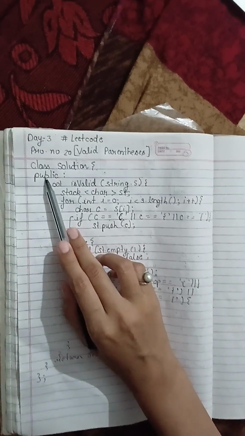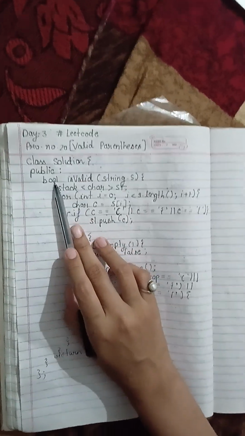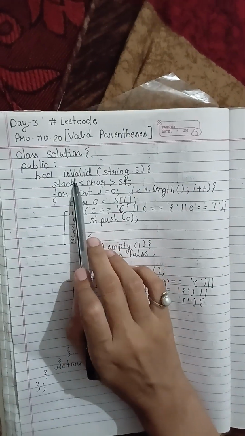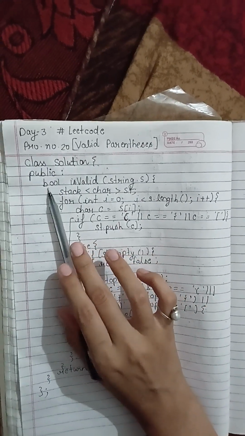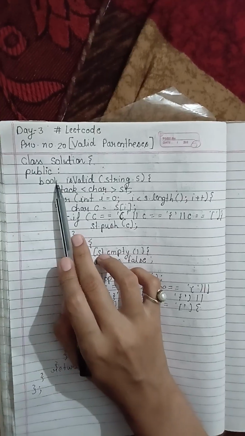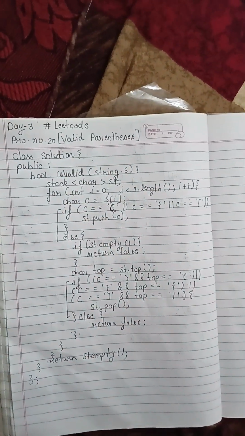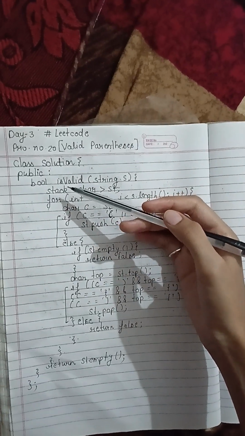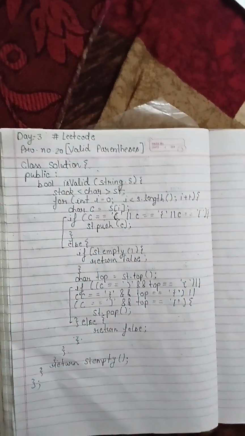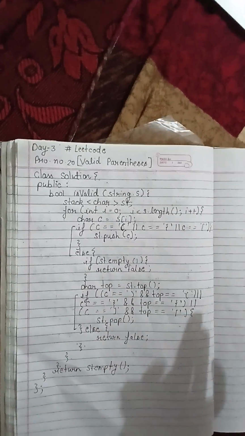Our class is Solution, which is public, and now we are making a function of it, of type bool. This is also a data type. If you don't know about it, let me give a quick review: bool only returns a true or false value. True means one and false means zero.